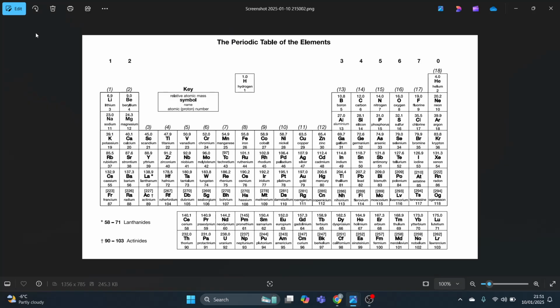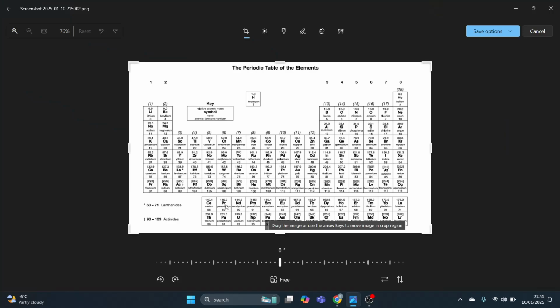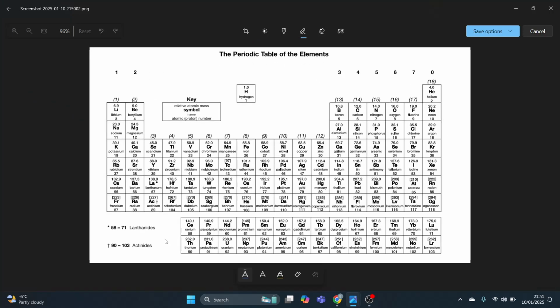Is that in the F block? The F block is here. Let me draw it out. That's the F block. That's the S block. It's not SPDF, it's SDP.